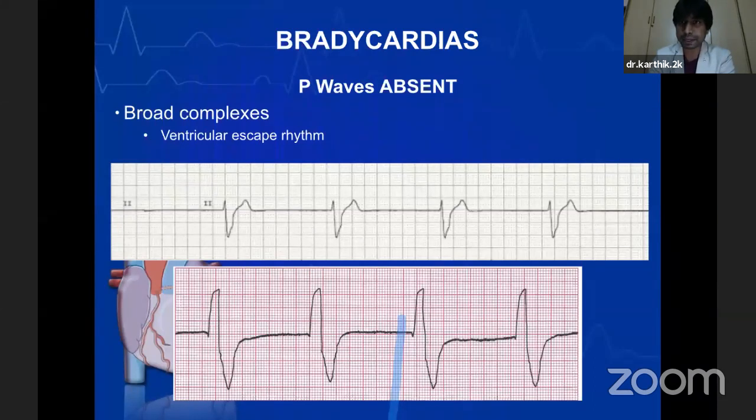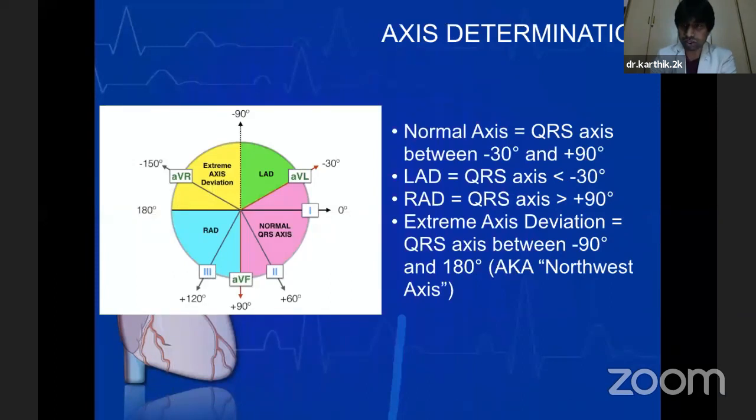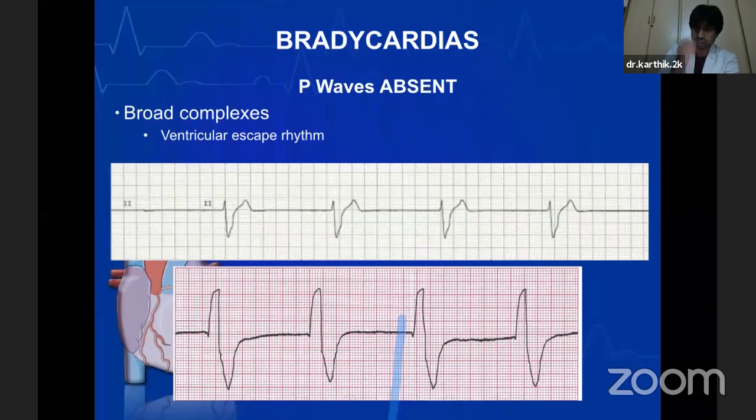Now, a brief summary of what we have understood on the rate and rhythm approach. Just by looking at the rate and the rhythm of the ECG, you could diagnose a number of arrhythmias. You didn't even have to proceed to any other illustrations.